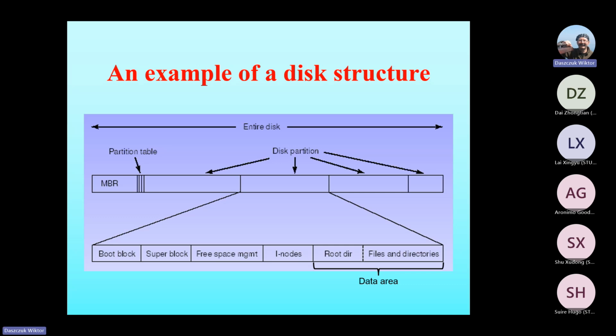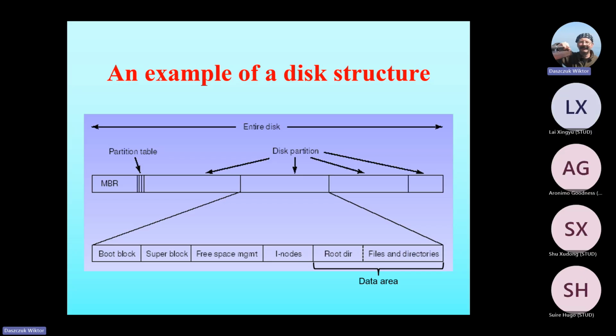The pilot to load the operating system looks at this partition table. At most, one partition can be marked as the active partition. This is the partition from which we load the operating system at boot time.